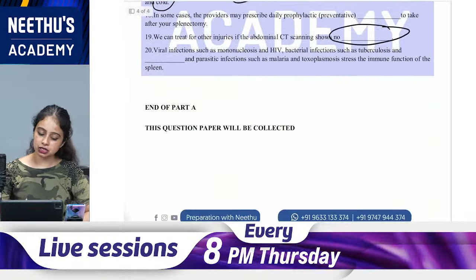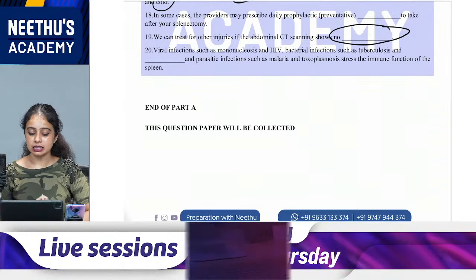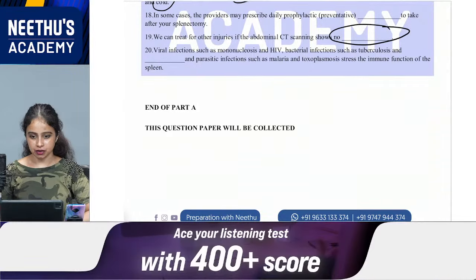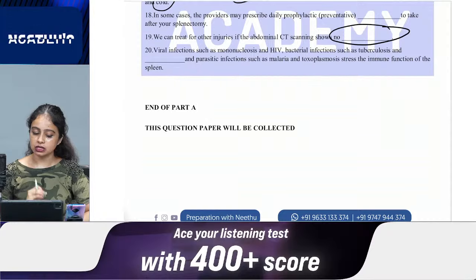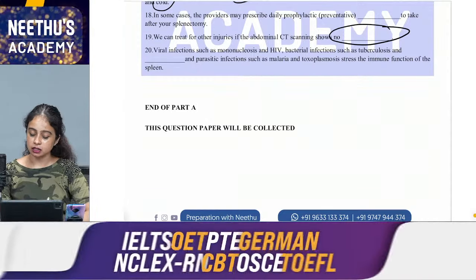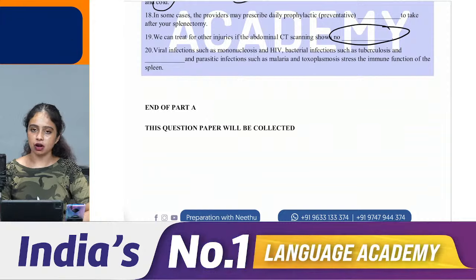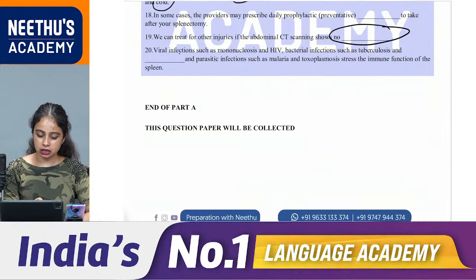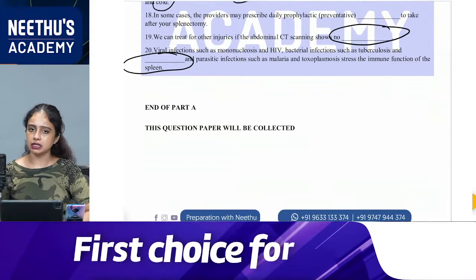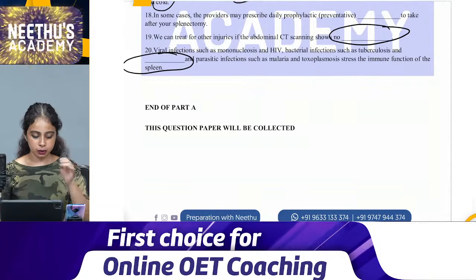And the last question: viral infections such as mononucleosis and HIV, bacterial infections such as tuberculosis and dash, and parasitic infections such as malaria and toxoplasmosis stress the immune function of the spleen. So what is the correct answer here? Question number 20, any idea?